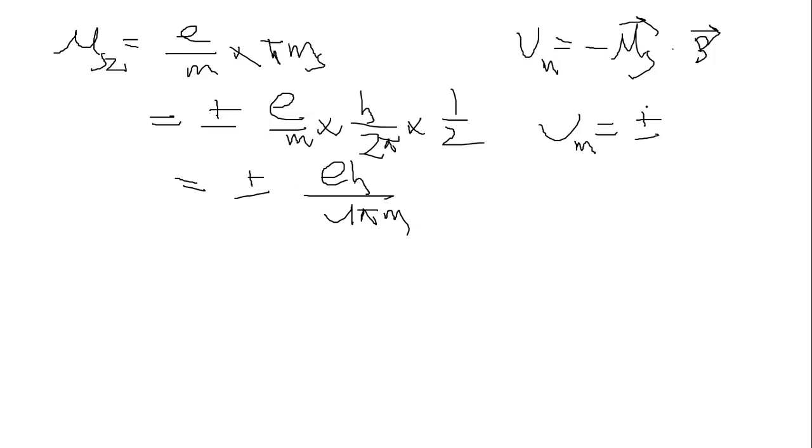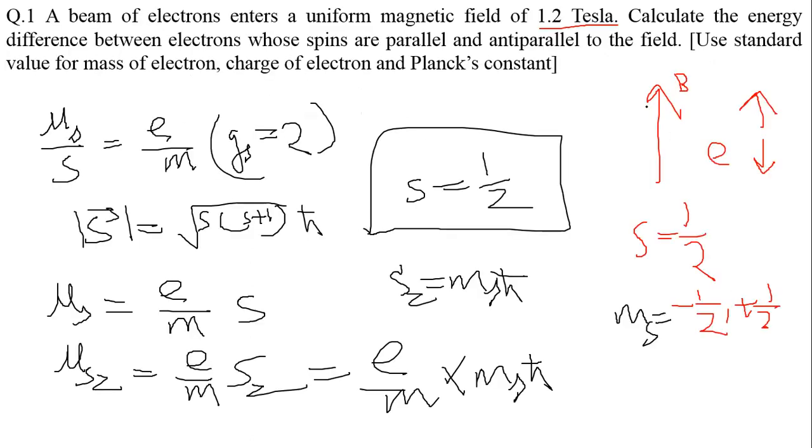But we know that due to the negative charge of the electron, if the electron has spin half, that is the spin is in this direction, then its magnetic moment will be in the opposite direction, which is mu s. But if the spin of the electron is anti-parallel, then the magnetic moment will be opposite to that.